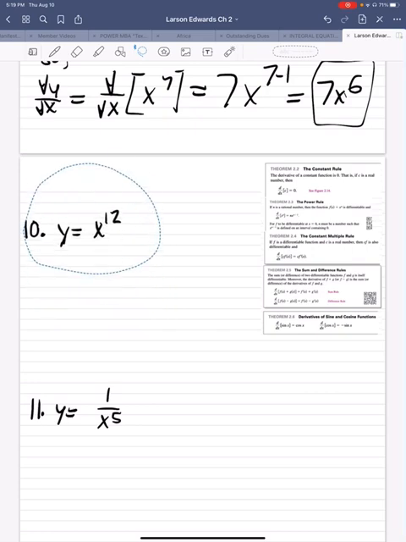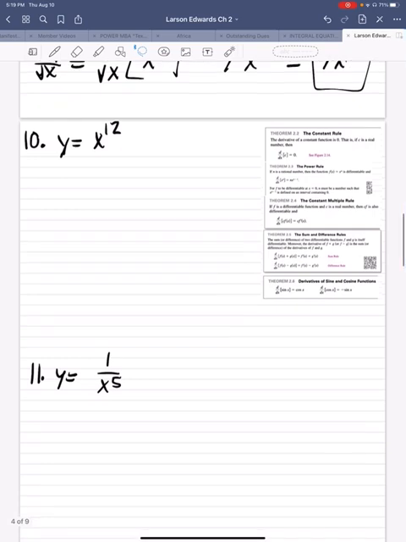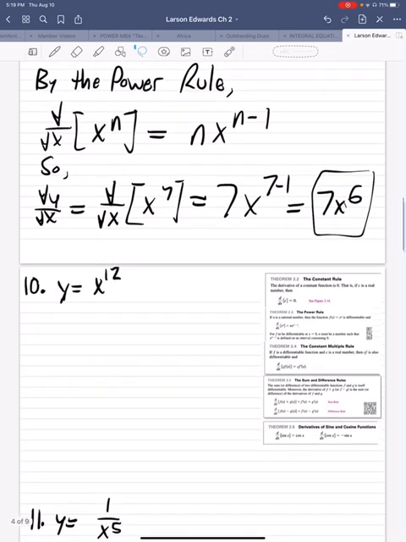So number 10 says y is equal to x to the 12th power. So how do you do this? Well, you identify that there is a polynomial term of x in the equation. So we use the power rule again.